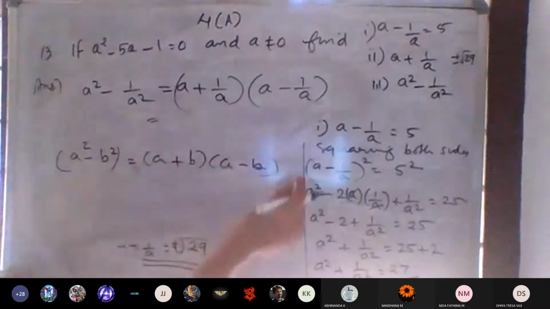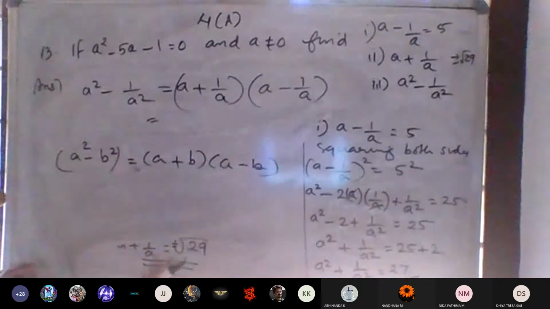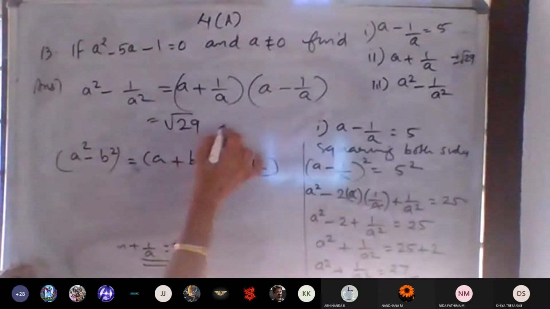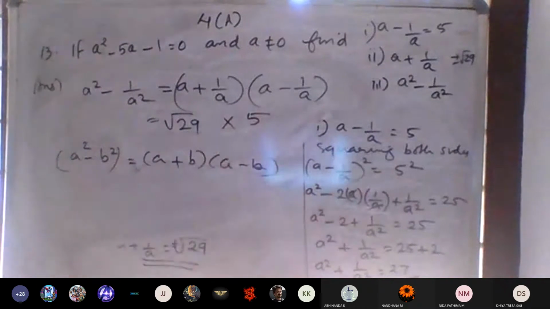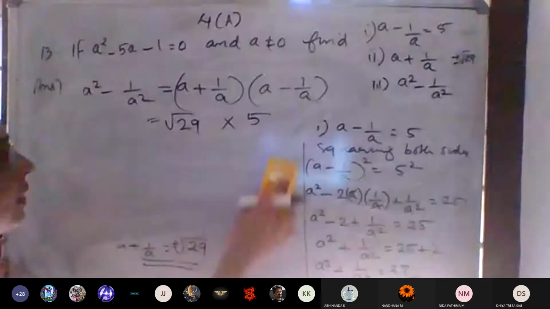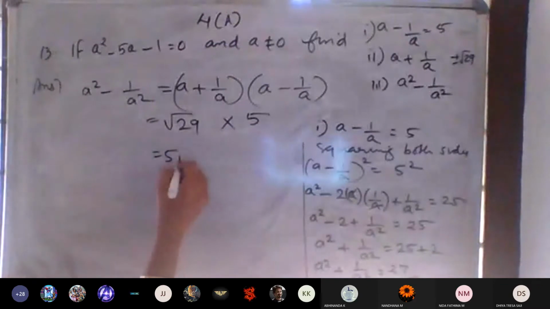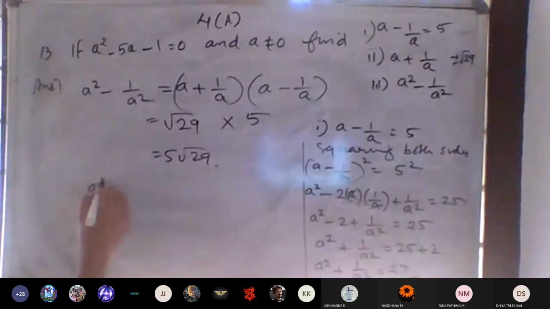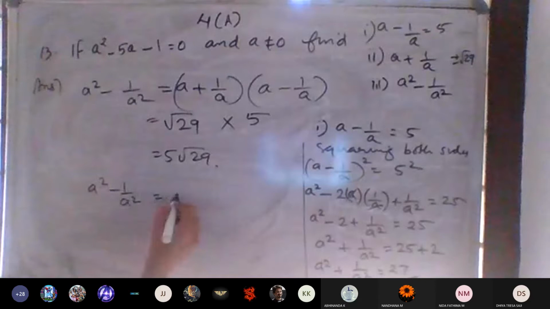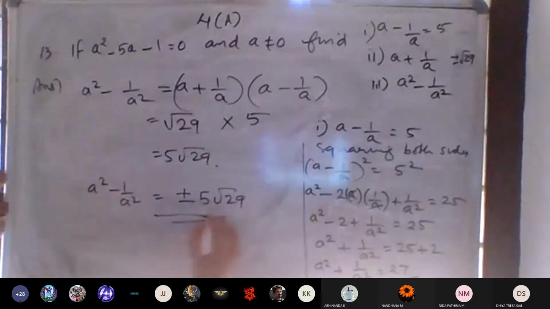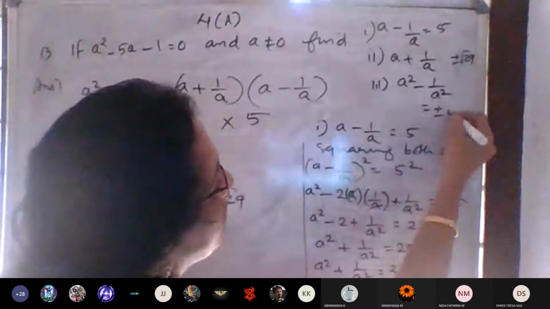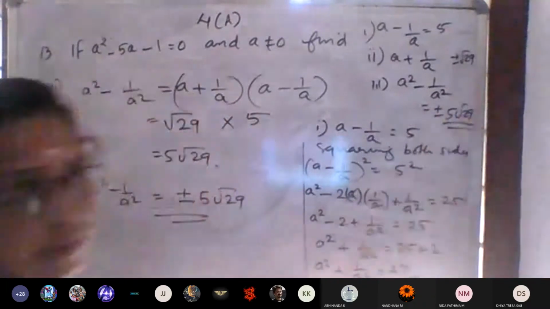We have a plus 1 by a as plus or minus root 29, and a minus 1 by a is 5. So the final answer is plus or minus 5 root 29.